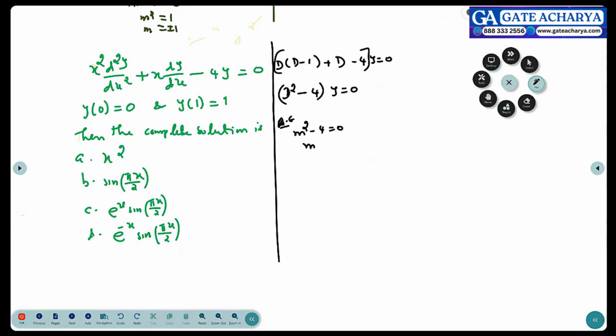So m square is equal to 4, m is plus or minus 2. So complementary function, for real and distinct roots, is C1 e power m1x plus C2 e power m2x.